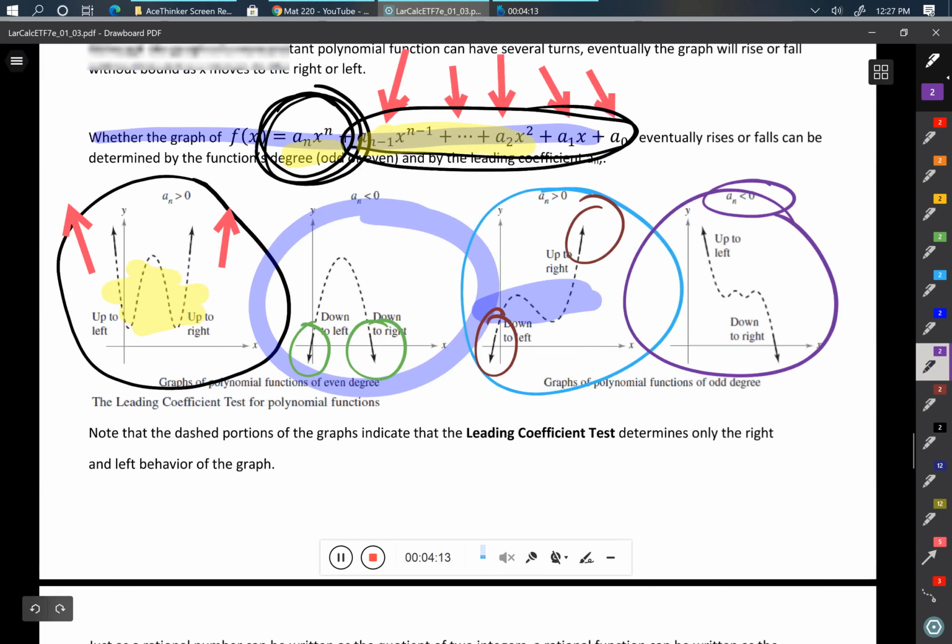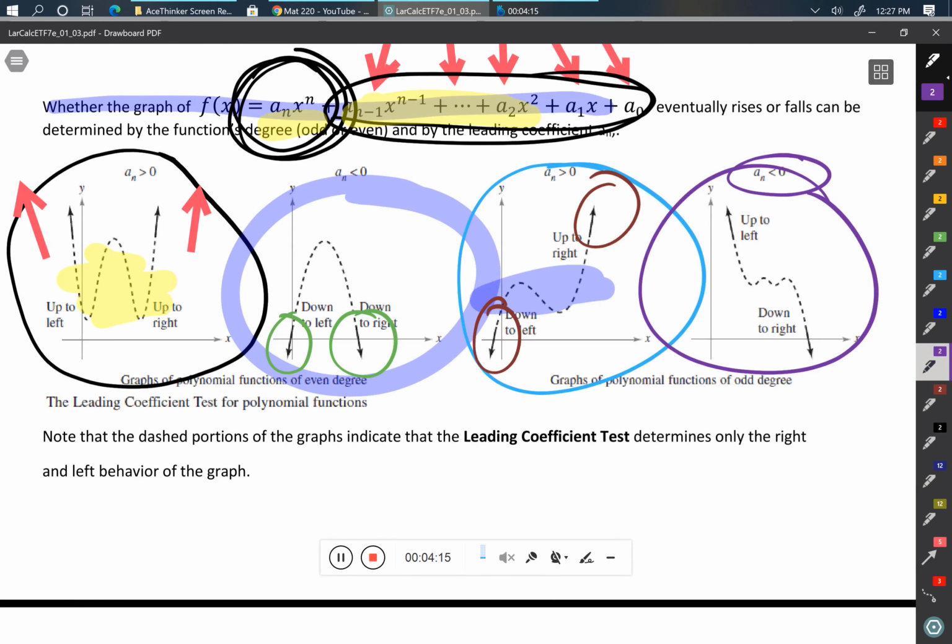Now, the question in your mind is, why do I care? Well, the reason we care is we tend to use a lot of graphing technology because we're lazy. And that's not a bad thing, but it's a thing. We tend to throw things into our calculator or Desmos quite a bit. How do I know if I am seeing the entire graph?